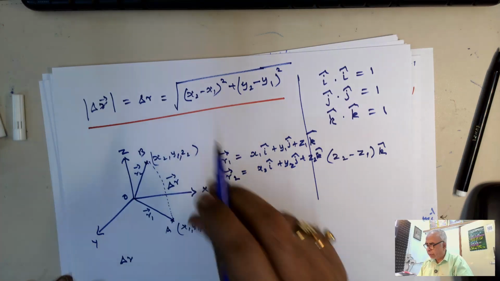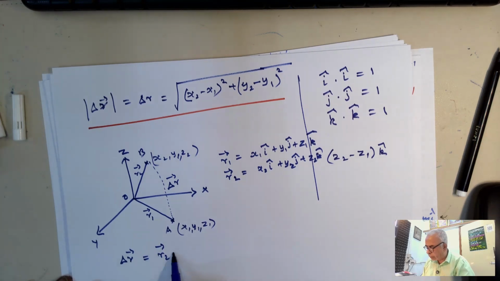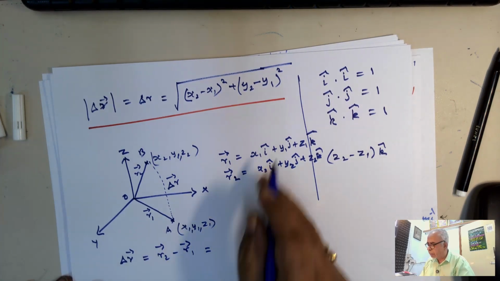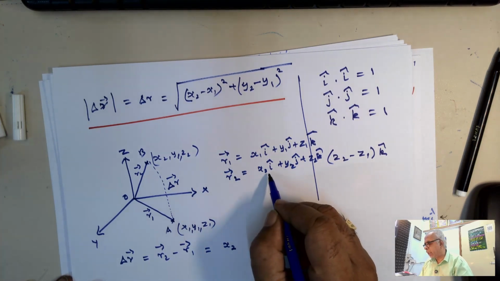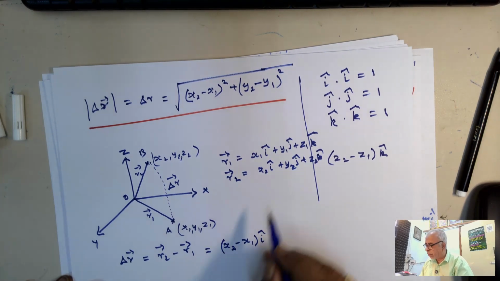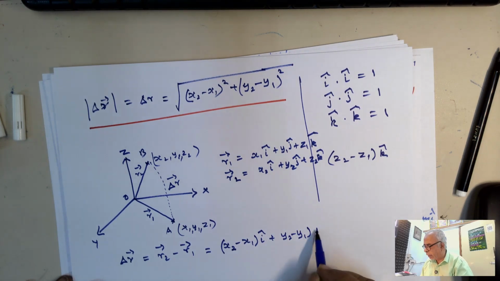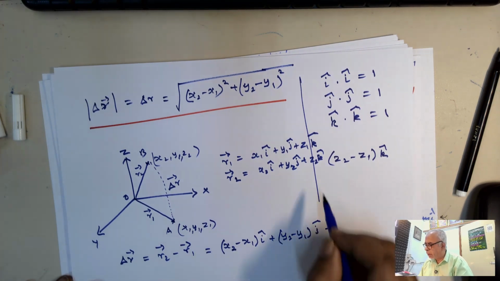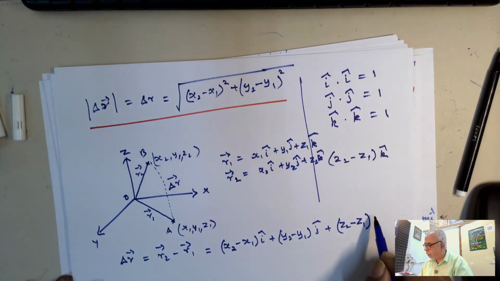Do you understand? Now we are interested in R2 minus R1. So delta R vector is R2 minus R1. This can be represented as (x2 minus x1) of i cap, and similarly (y2 minus y1) of j cap, and similarly (z2 minus z1) of k cap.